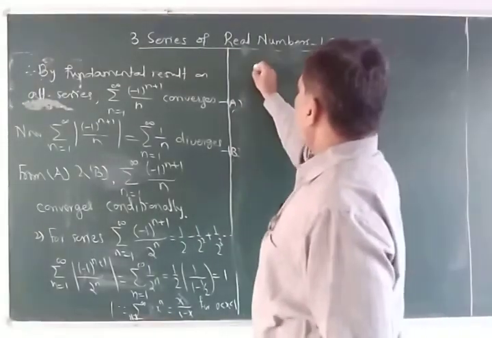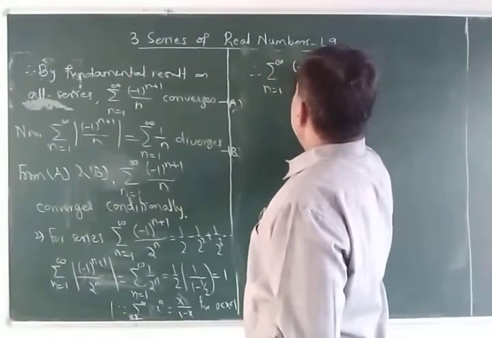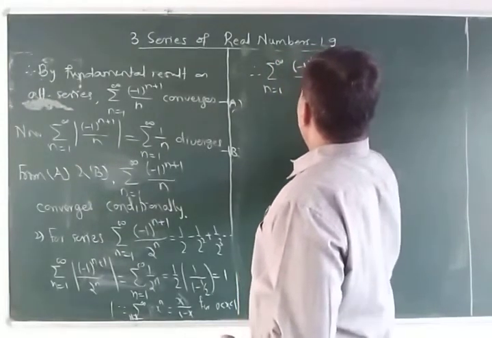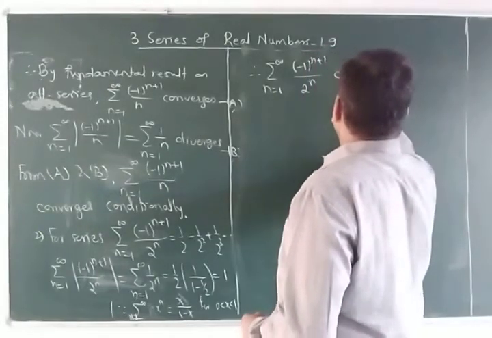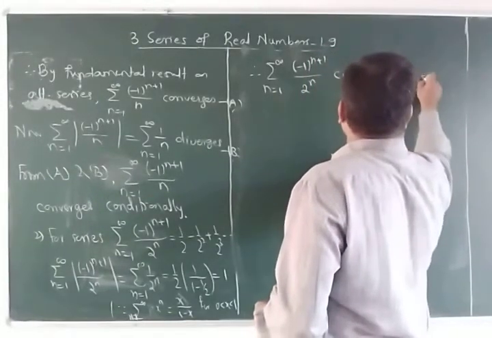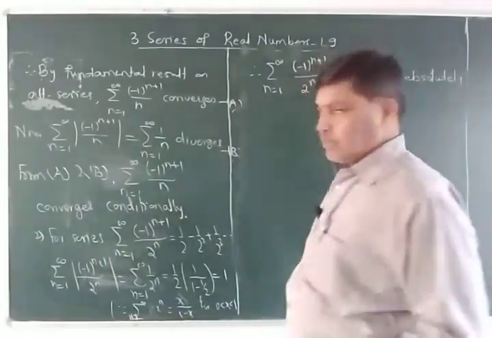Therefore, summation of n equal to 1 to infinity of minus 1 raised to n plus 1 upon 2 raised to n converges absolutely. Okay.